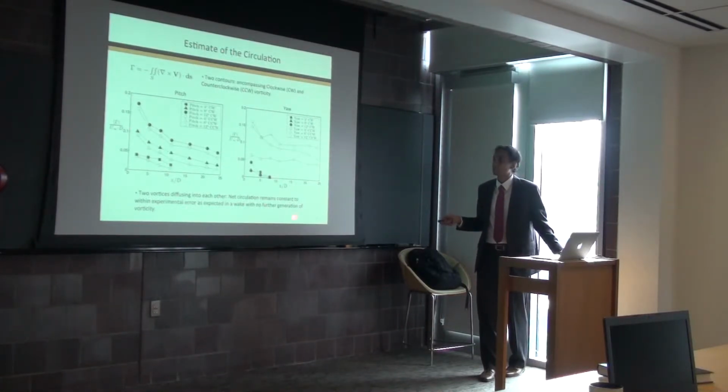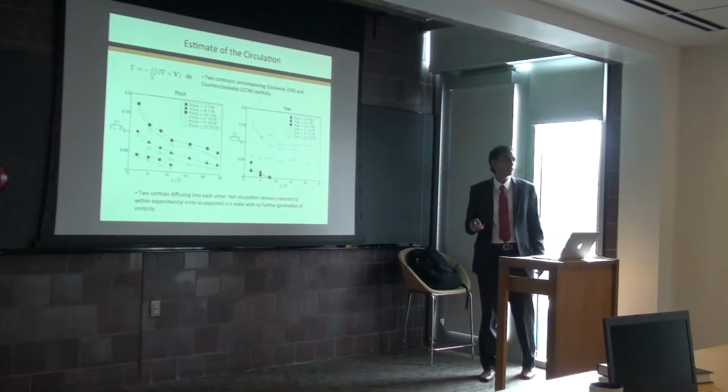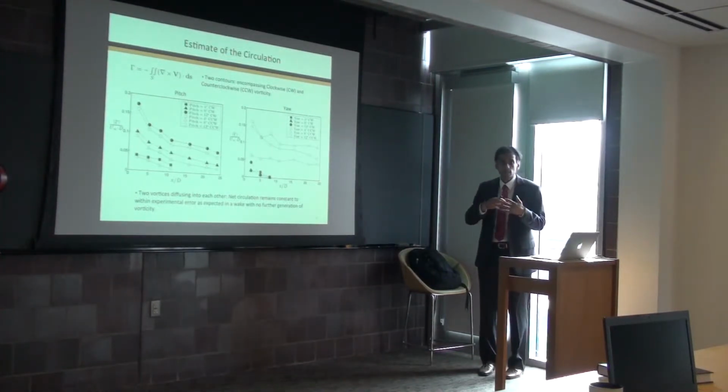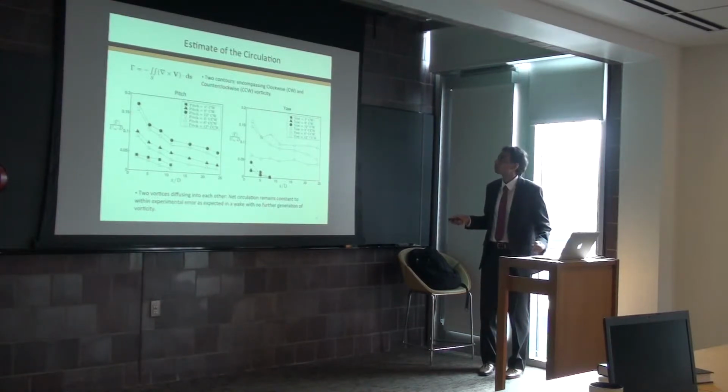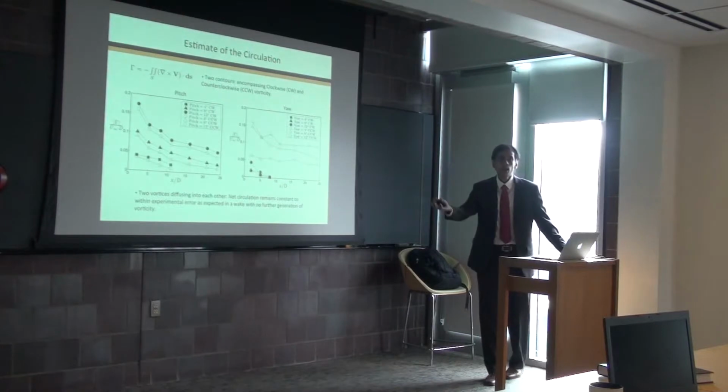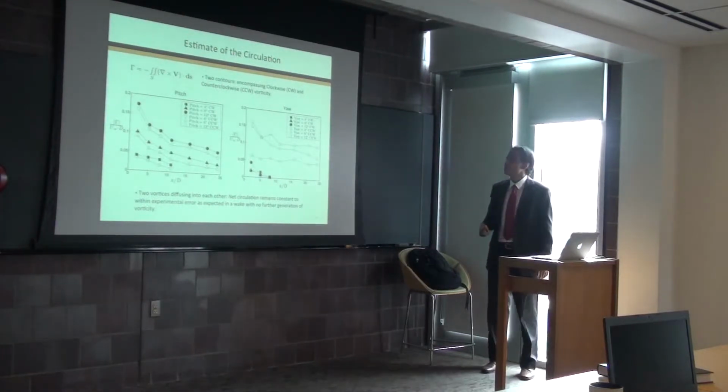Of course, we expect that the net circulation will remain constant because this is a wake where there's no further generation of vorticity in the wake itself. In yaw, we see that the stronger vortex is much, much stronger than the weaker one, which can only be tracked for a few downstream locations before it is essentially into the noise level of the measurement.